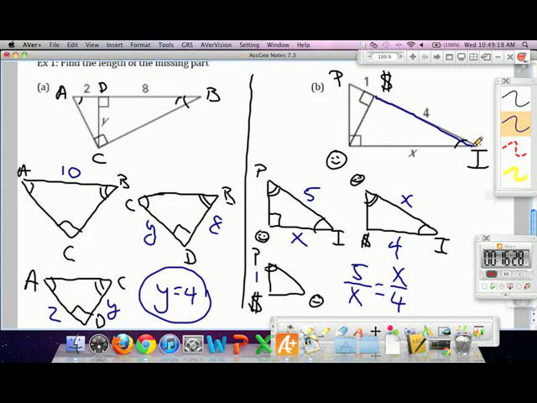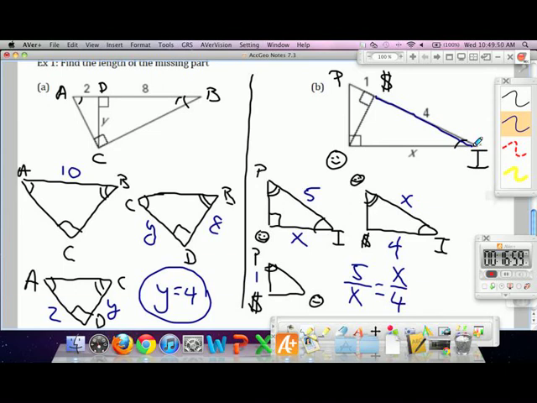Where did the 5 come from? What would we call the segment that we got 5 from? The whole hypotenuse from the original right triangle. So what we could say is that a leg of the original right triangle is the geometric mean of two things: this part of the hypotenuse that's adjacent to that leg, and the whole hypotenuse.